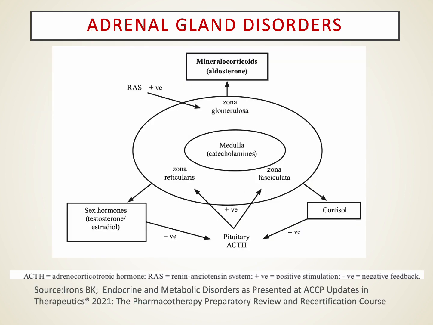As far as adrenal gland disorders go, it's important for us to step back and just think about all the things that the adrenal gland does that we think of in the zona glomerulosa on the outer side. You see the renin-angiotensin system affecting aldosterone secretion and salt and water accumulation.